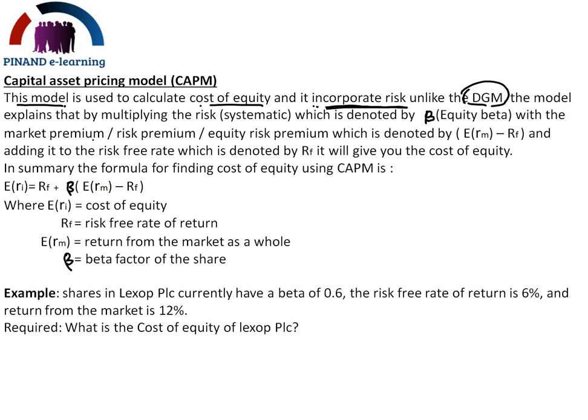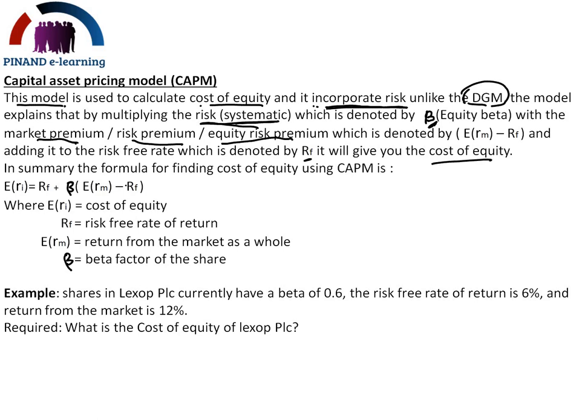The model explains that by multiplying the risk, here the systematic risk, which is denoted by beta, in this case the equity beta, with the market premium, sometimes called the risk premium or equity risk premium, which is denoted by E(Rm) minus Rf, and adding it to the risk-free rate, denoted as Rf, it will give you the cost of equity.